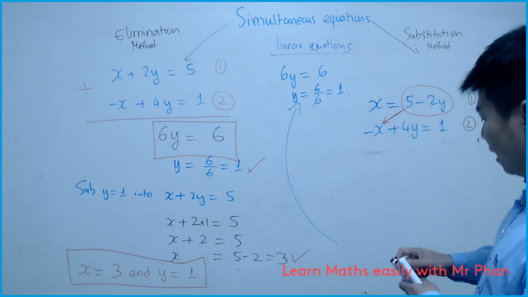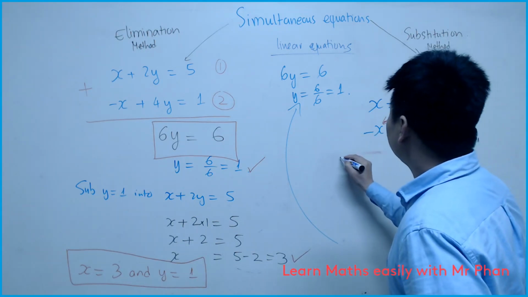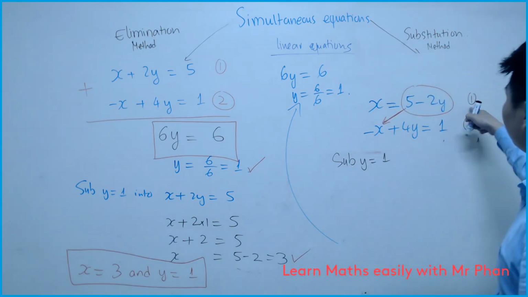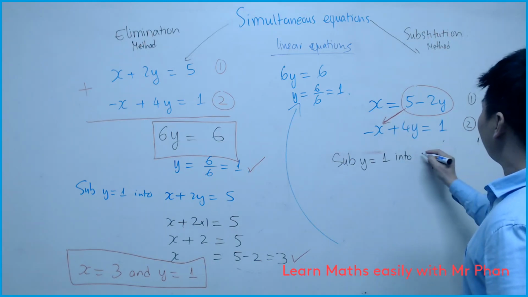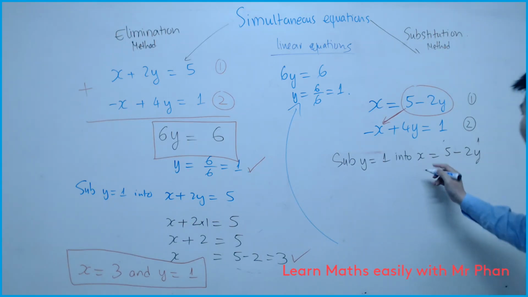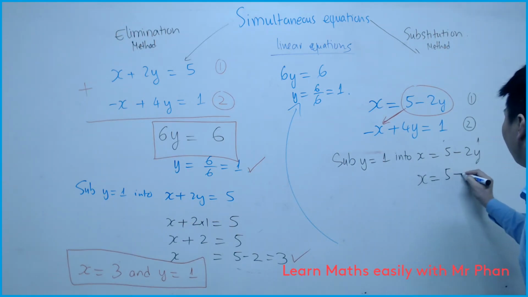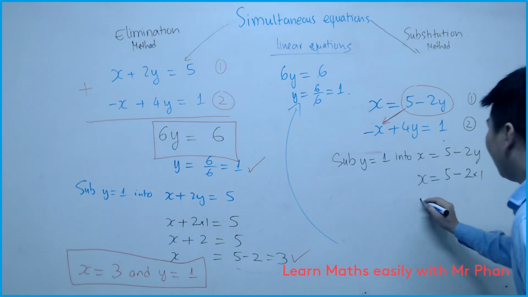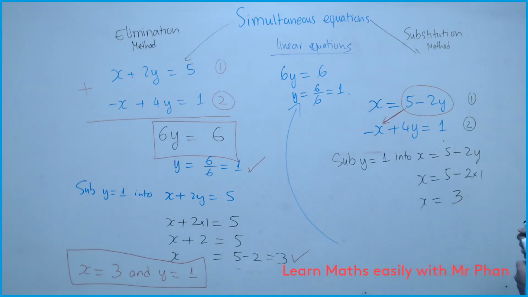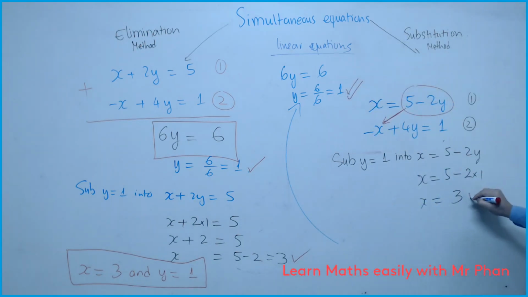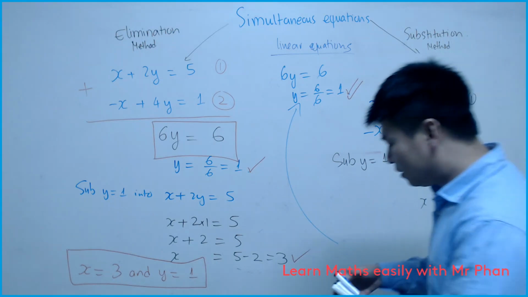Into x equals 5 minus 2y. You write down x equals 5 minus 2, and y is 1, that means put number 1 into y. So x equals 3. Okay, you have the answer here: y equals 1, x equals 3.